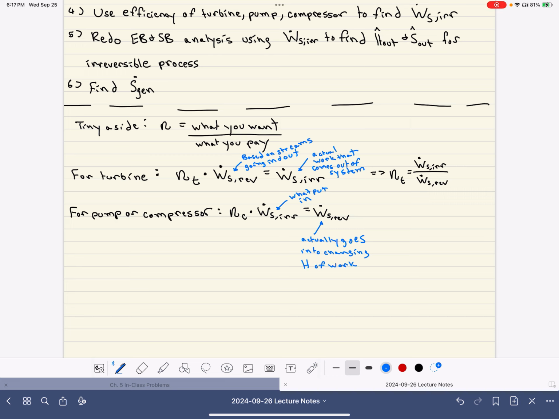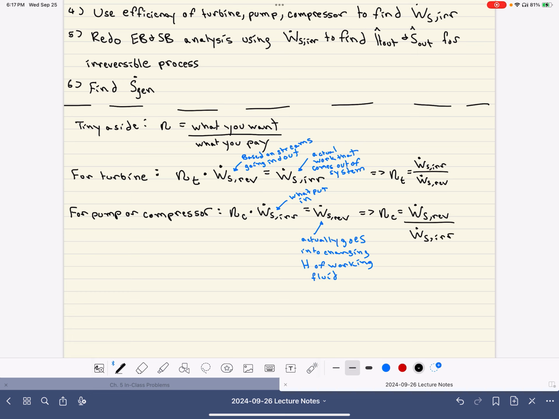So the steam or the refrigerant, depending on if you're dealing with a Rankine or a refrigeration cycle. And so consequently, for a compressor or pump, your efficiency would be the reversible shaft work divided by the irreversible shaft work.